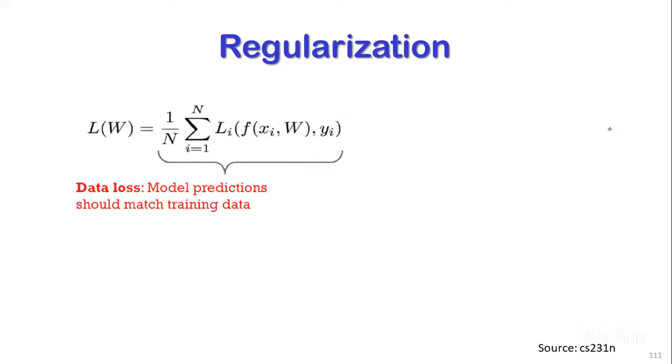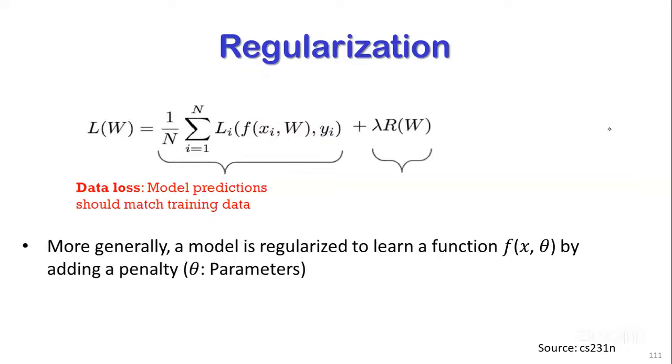So this is your loss function, this is your data loss. You are fine with this, right? With this loss, your model is predicting how well it is matching the training data.